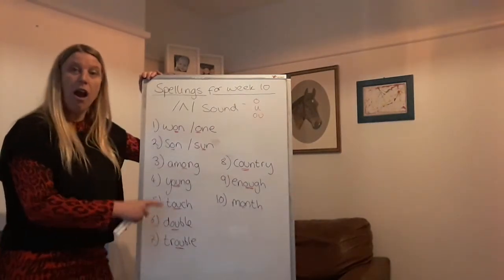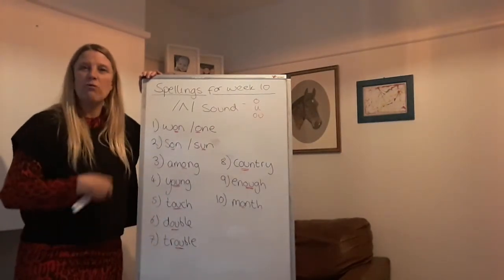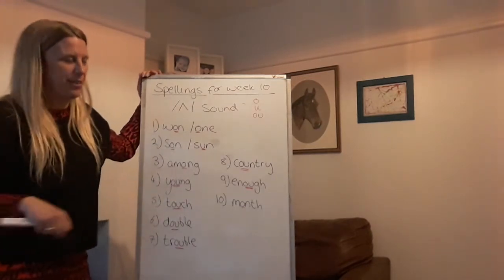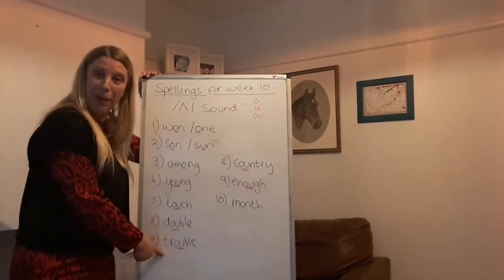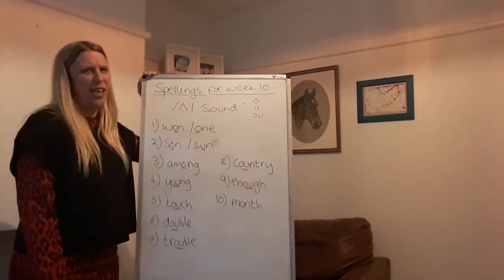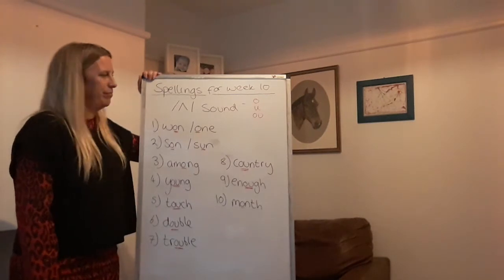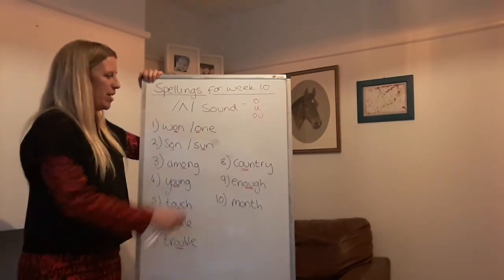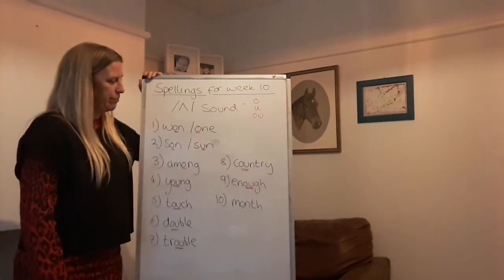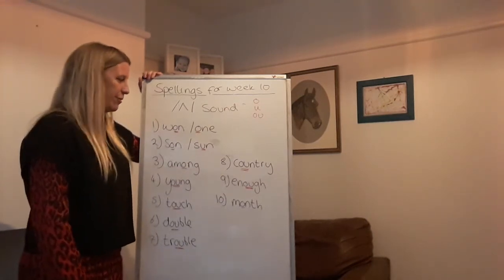Double. So two of, double. Can I have a double gin and tonic, please? Double. Trouble. She's a lot of trouble, or he's in trouble. Country. Careful with that word.